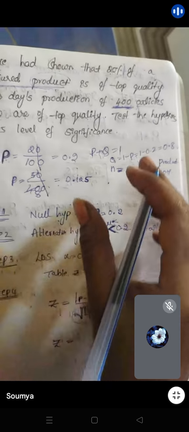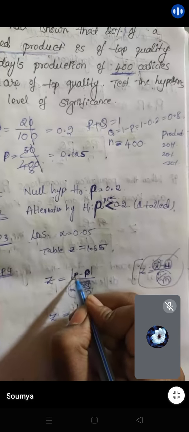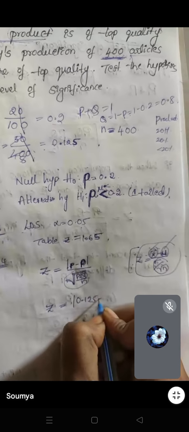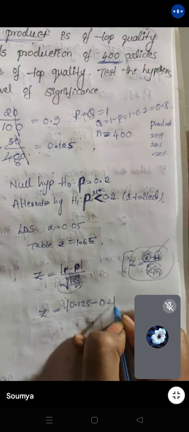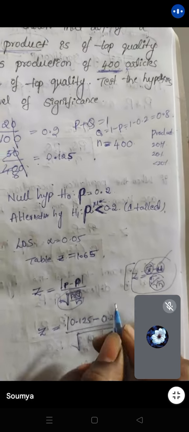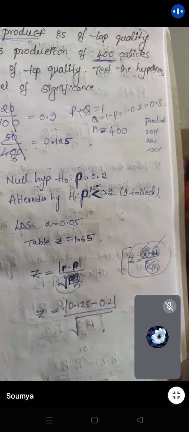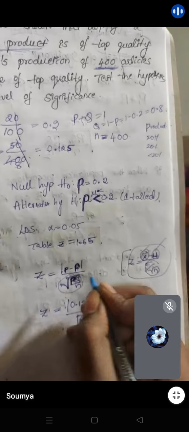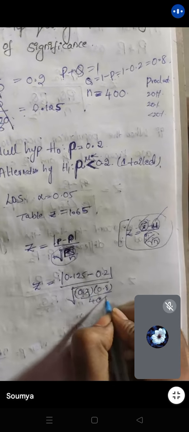Substitute the values: modulus of 0.125 minus 0.2, by under root of 0.2 times 0.8 by 400.